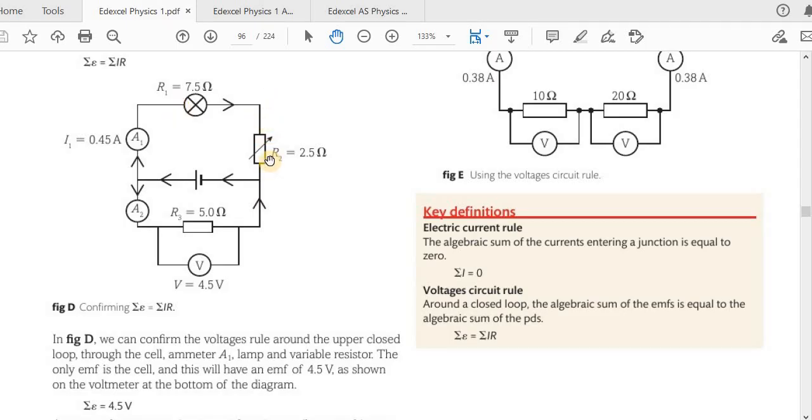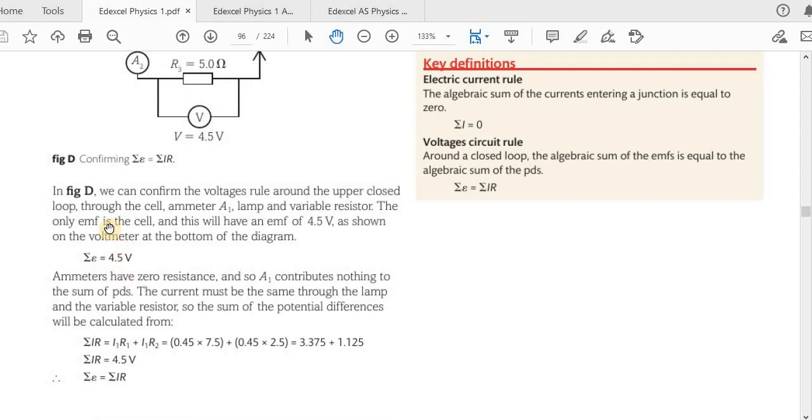So plus again 0.45. Remember this and this, they are in series, the same current flows through them. So I is 0.45 again, but R is 2.5. So we get 4.5. So you see, when you add the potential difference across this plus this, it will be 4.5, which will be the same as the EMF here.